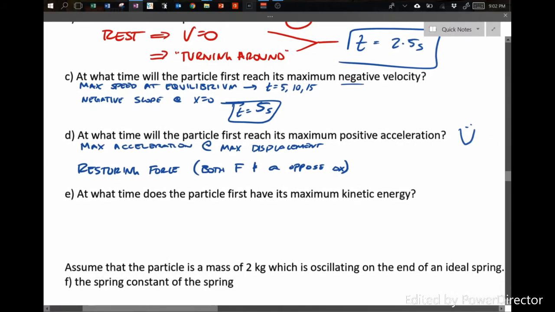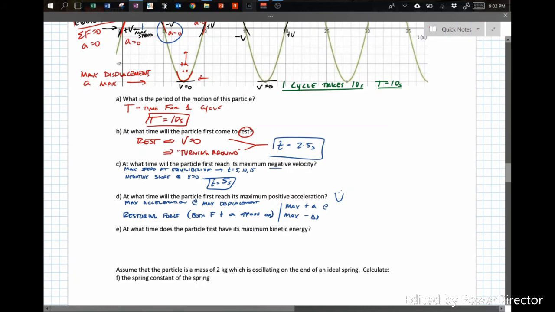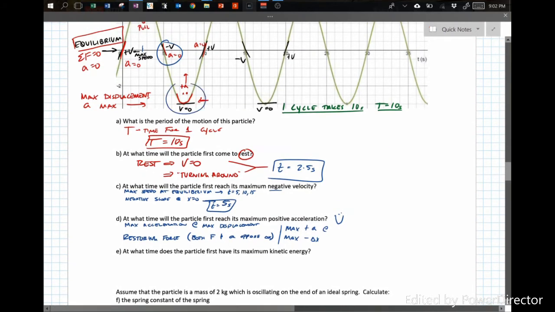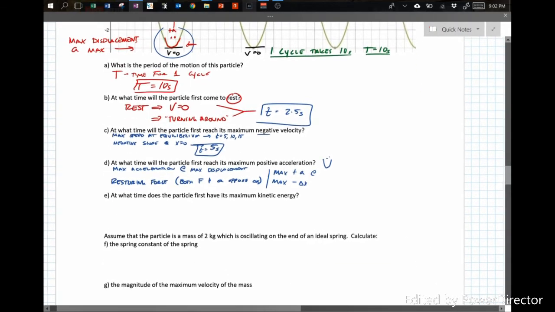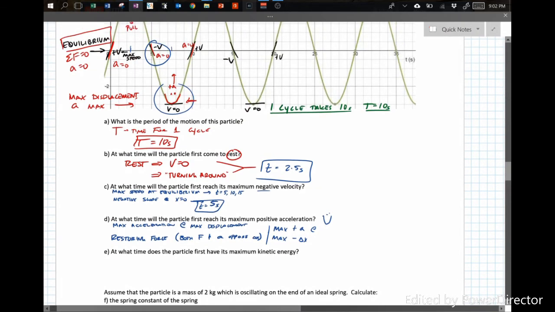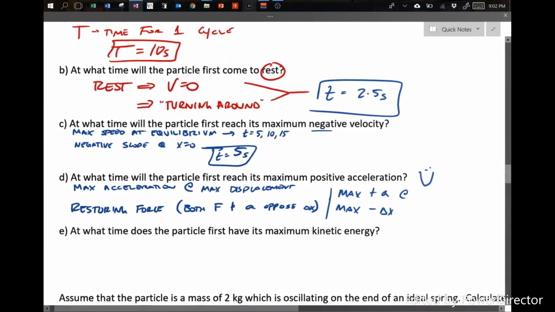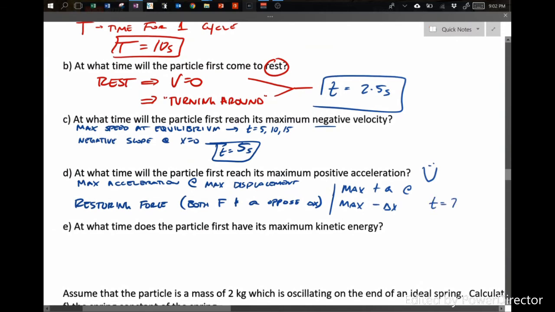So it's not going to be just at maximum displacement. What we're going to have is maximum positive acceleration at maximum negative displacement. And looking at our graph, that's exactly what we see. Maximum positive acceleration when we are down there at our lowest negative point. And that happens in between 5 and 10. So that happens at a time of 7.5 seconds.